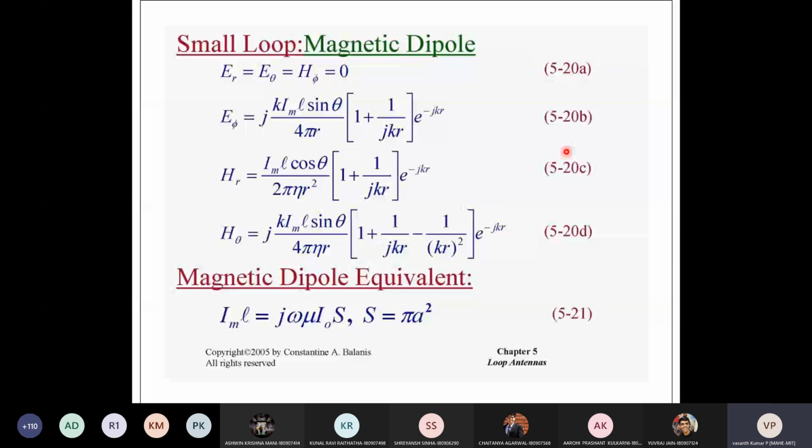So if you have a small magnetic loop, magnetic dipole, you have this equation. So magnetic dipole equivalent. Now you can be asked to derive this, to show that this is a valid equation relating the infinitesimal magnetic dipole and the small circular loop.